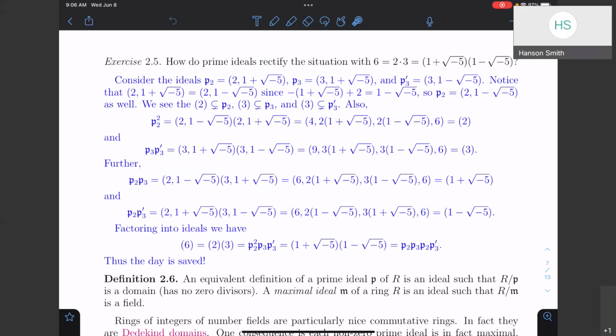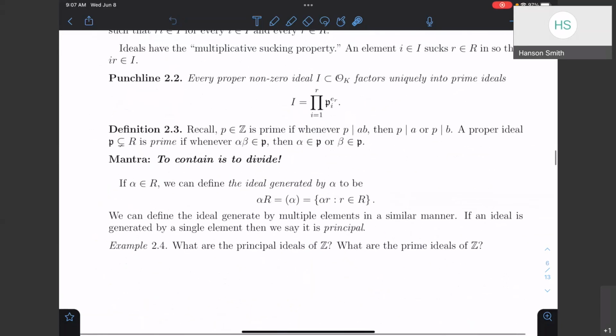We take 2 multiplied by any integer, take 1 plus square root of minus 5 multiplied by any integer, and then add them, and we make sure it's an ideal. You could say it's the smallest ideal containing both those elements. Okay, cool. And the mantra for algebraic number theory is to contain is to divide.